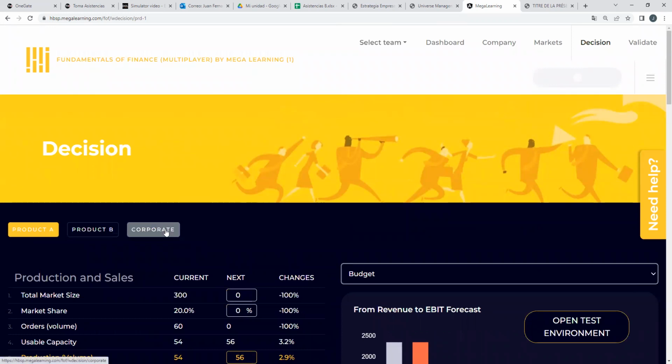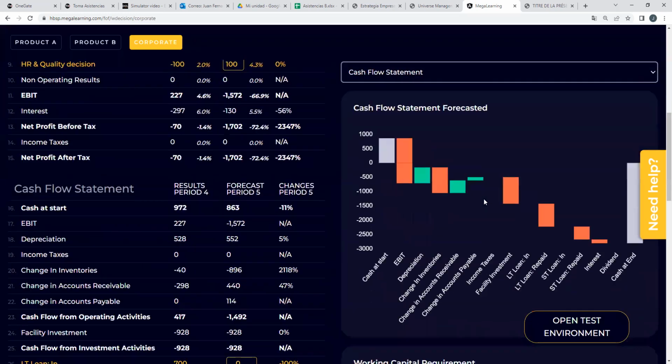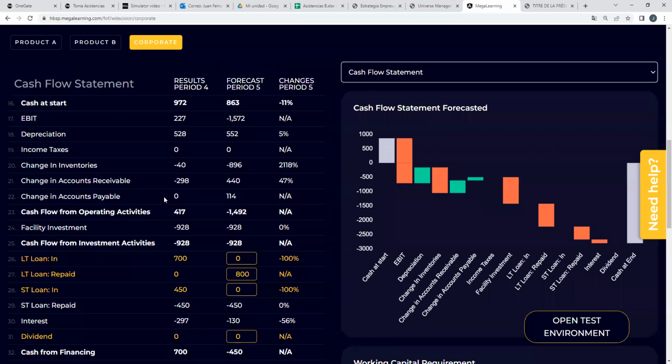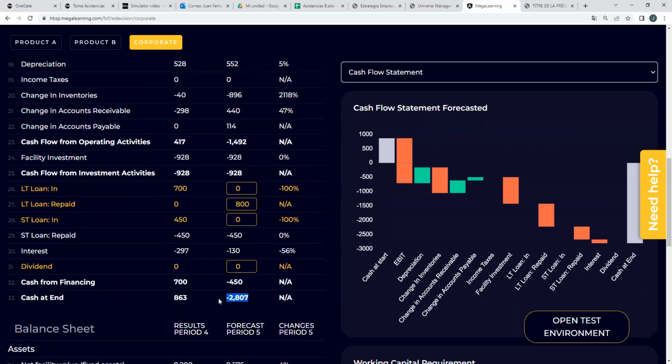Here in the decision tab, at the corporate level, in the cash flow, I am having cash at the end negative, minus 2,807. Okay? This means that my forecast of cash flow, my forecast of my wallet, is that I'm going to have a shortage of funds in the round. So I cannot forecast like that because I won't have at some point money to pay employees or to pay suppliers.